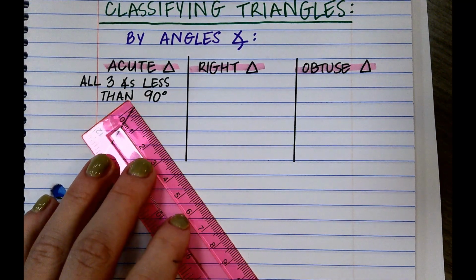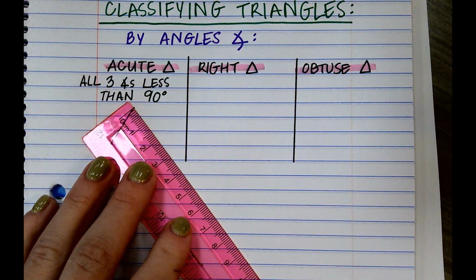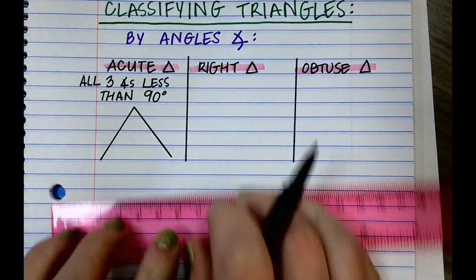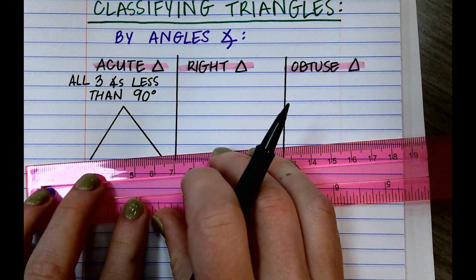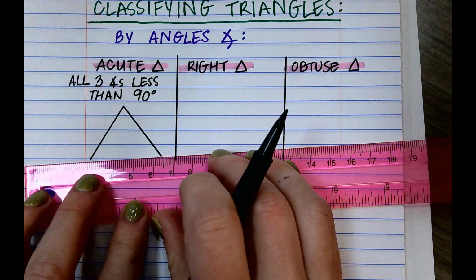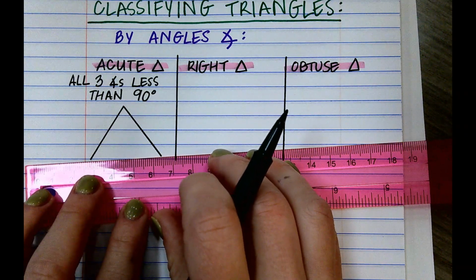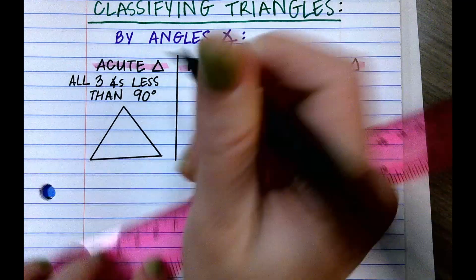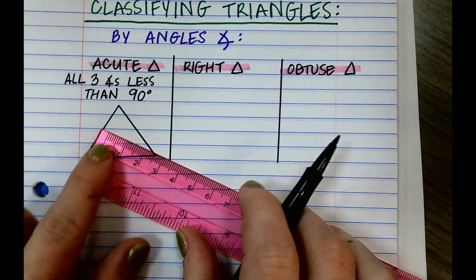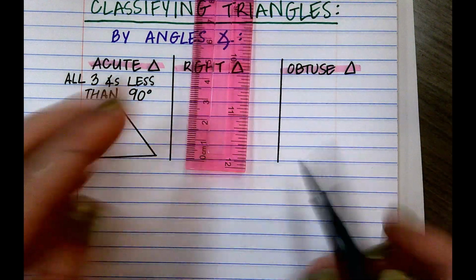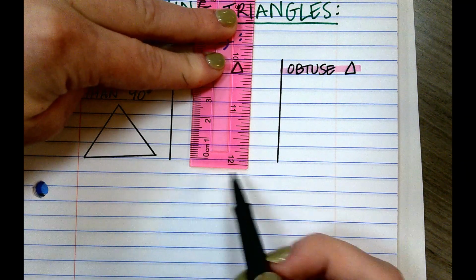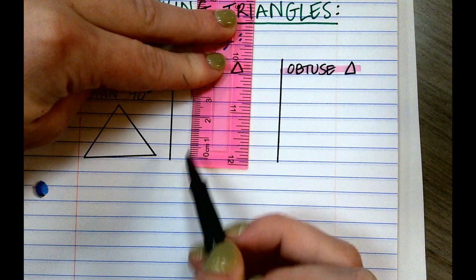Then I'll just do another line. Another 3? Yep, to make 3 sides. And it doesn't have to be perfect, but it does have to have all 3 angles less than 90 degrees. And we can see if I were to use the edge of my ruler right here, this is a 90-degree angle because it's that perfect kind of square on the edge.